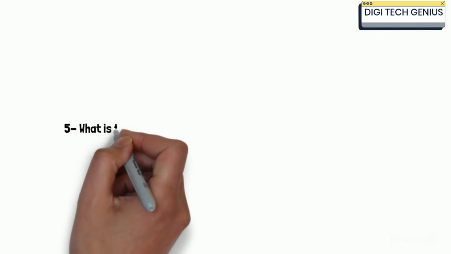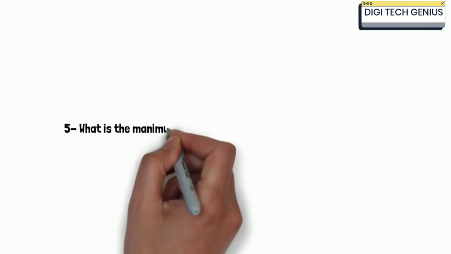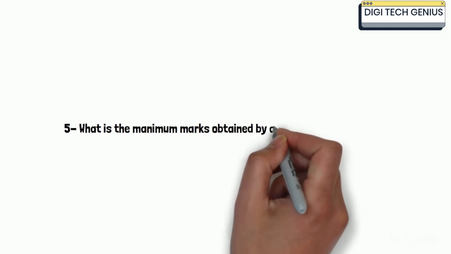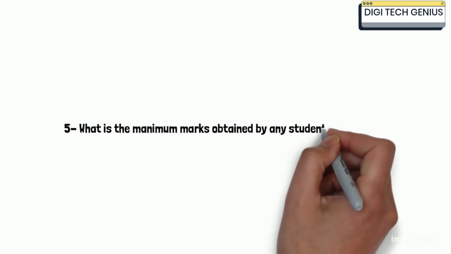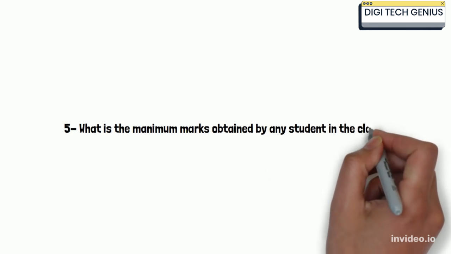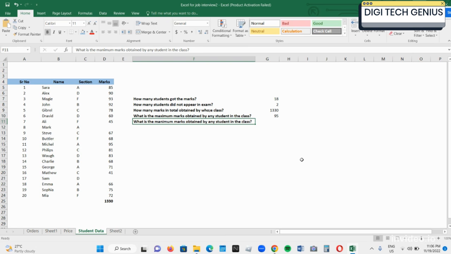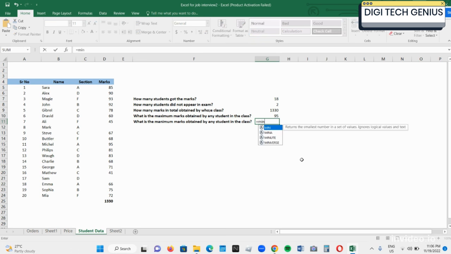On the contrary, it may also be asked: what is the minimum mark obtained by any student in the class in the given sheet? Let's see the answer for that. To find the minimum in this sheet is not difficult. You can easily find it with the formula MIN.